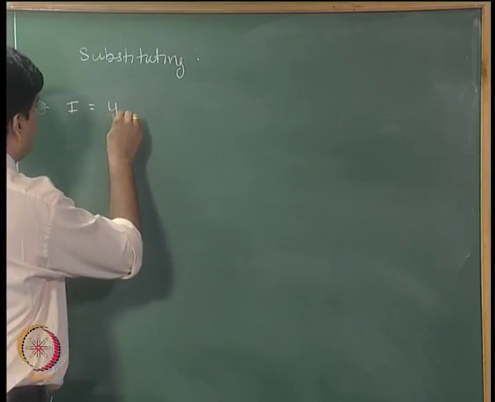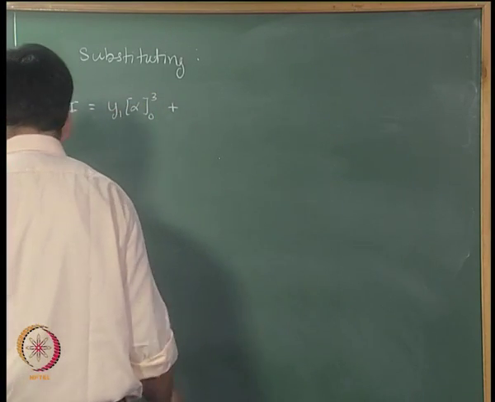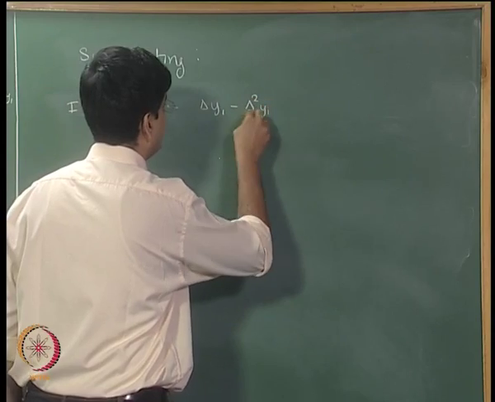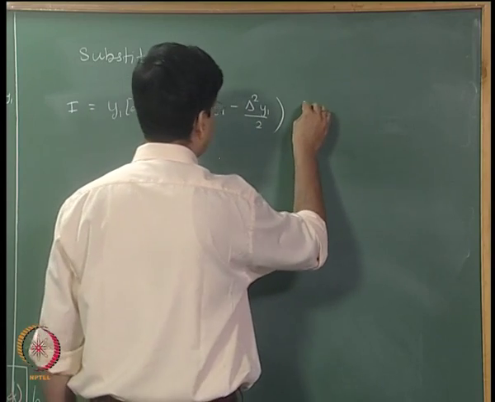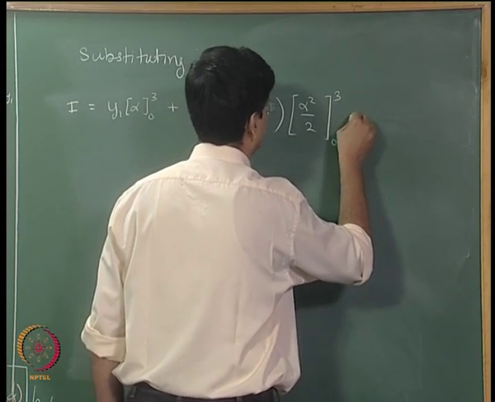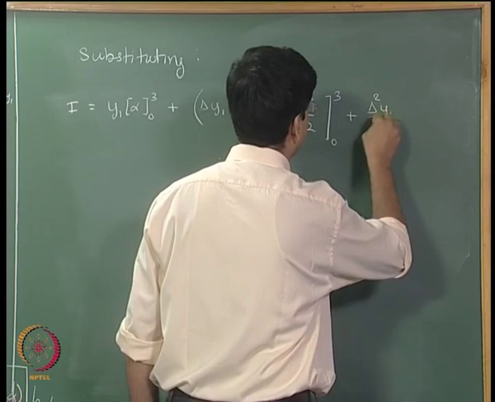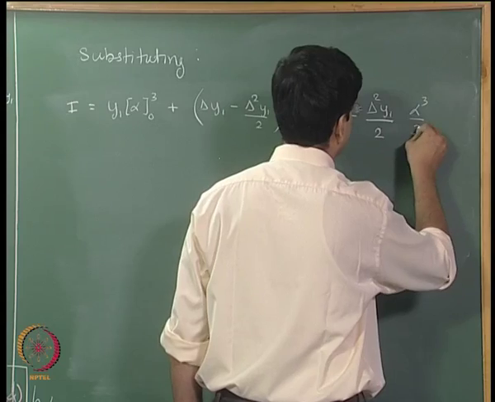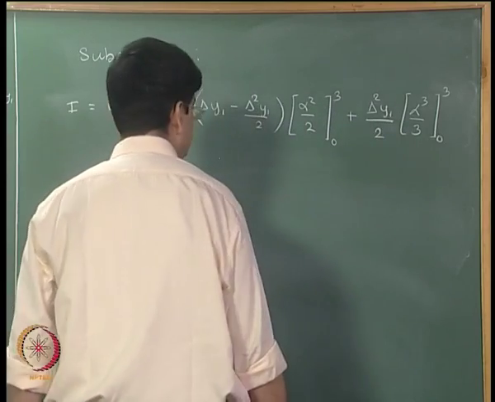So we will have y1 alpha going from 0 to 3 plus delta y1 minus delta squared y1 by 2, this multiplied by alpha squared by 2 going from 0 to 3 plus delta squared y1 divided by 2 multiplied by alpha cubed by 3 going from 0 to 3, okay.